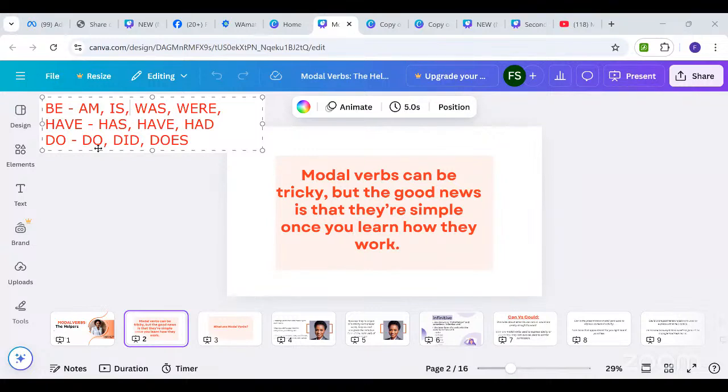Okay, when we learn them in isolation, we say that do is singular, does is plural. But in sentences, when we have a subject and a verb, remember we stated earlier that for verbs, the singular takes the S, unlike nouns, where singular does not take the S and plural takes the S. So when we are talking about subject-verb agreement, then we use does as singular: she does, he does, it does.